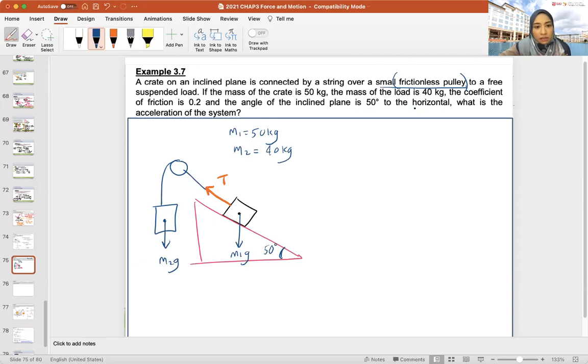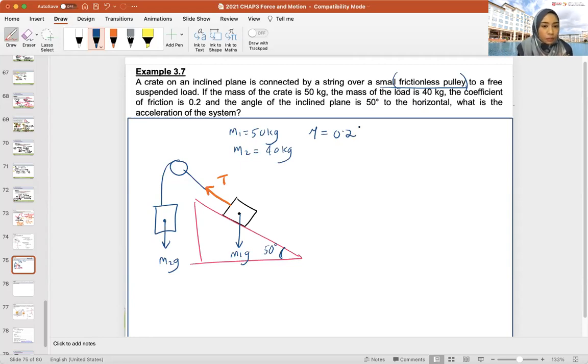What is the acceleration of the system? Oh, sorry, the coefficient, I missed that info. The coefficient is 0.2. Okay, question. Which way would my system accelerate?